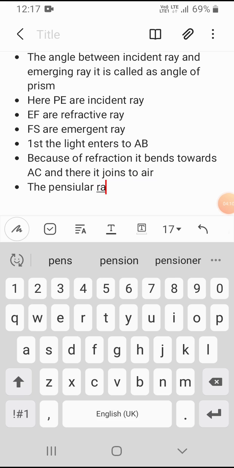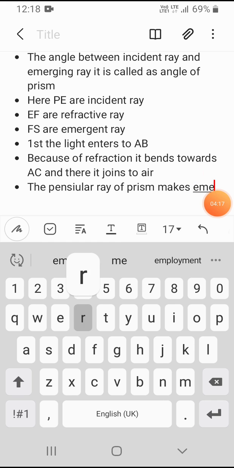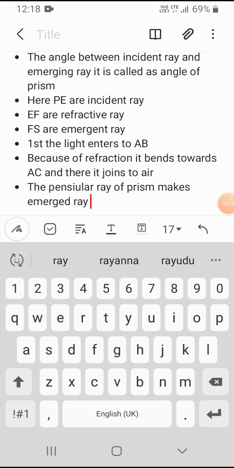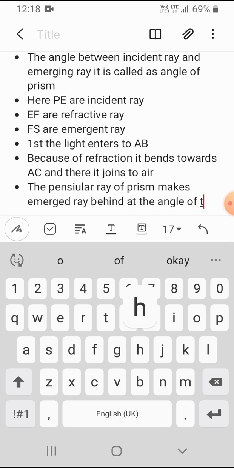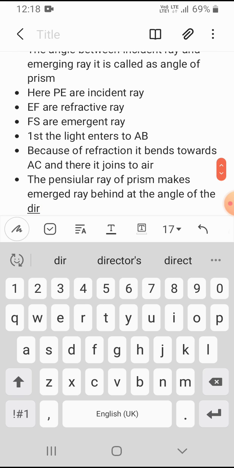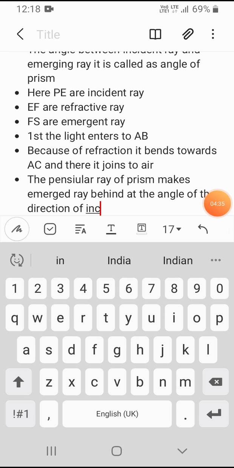The ray through the prism makes the emerged ray at an angle to the direction of the incident ray.